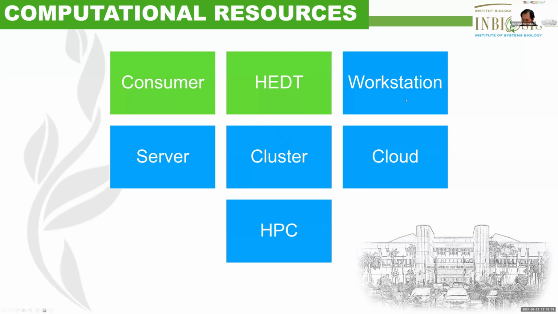Then we have workstations, which are for professional users, such as in engineering and so on. Then we have servers. A cluster is a bunch of servers. Then if it is easily accessible online, or can be rented publicly, it's usually called a cloud. And then lastly, we have HPCs or supercomputers, for example, the one that NID has.